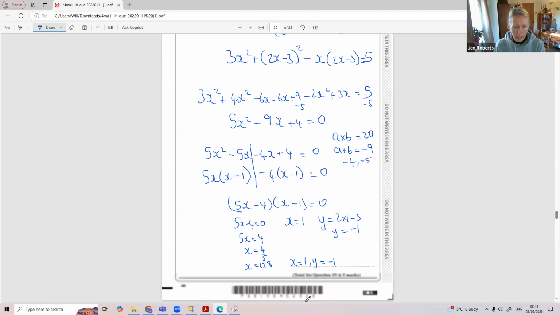Okay, and this one here, 2 times 0.8, take away 3, gives you minus 1.4. So here the other one, x is 0.8, y is minus 1.4. Well then, if you got that correct, most people doing this paper would not get that question correct.